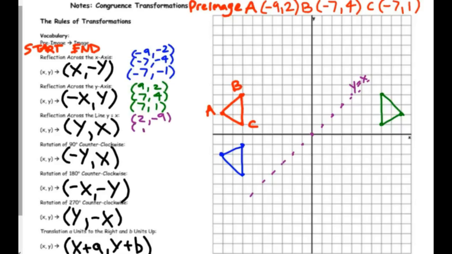-7, 4 becomes 4, -7, and then -7, 1. 1, -7 is right. And once you got those 3 points, plot them, okay, and it'll look reflected. So, 2, -9, 4, -7, and then 1, -7, okay?